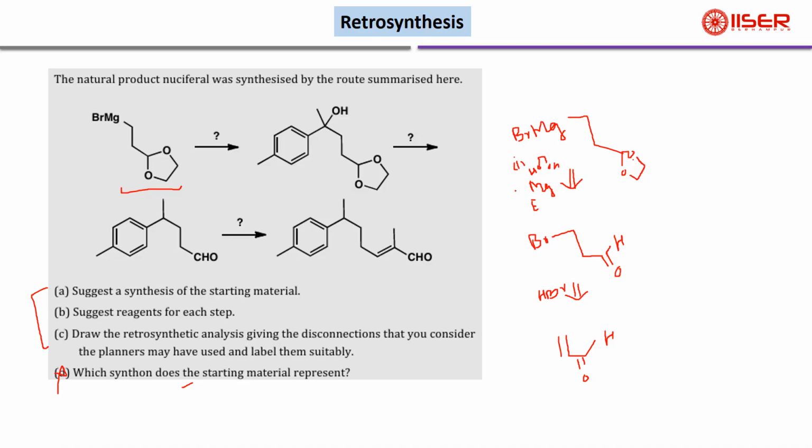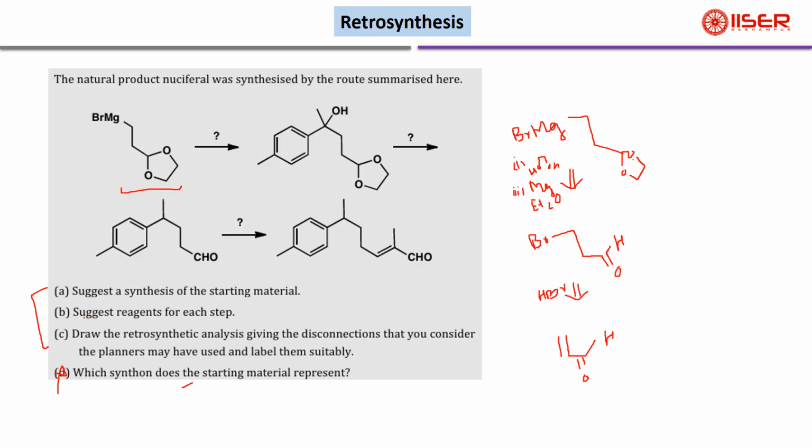In the second step, if you add magnesium and ether, the Grignard will be created. Okay, so this is how this starting material can be prepared.